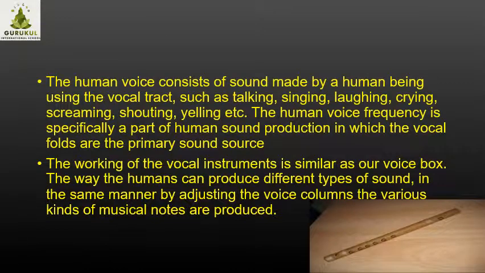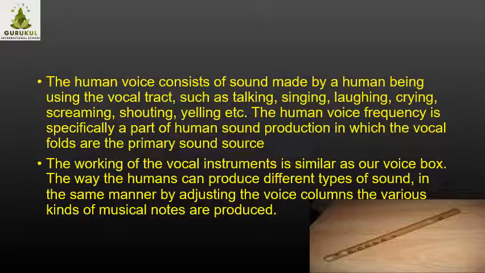See here, in the first paragraph I have given you some information about the voice box of human beings. I'll read out the information. The human voice consists of sound made by a human being using a vocal tract. Vocal tract means vocal cord. There is an air column, such as in talking, singing, laughing, crying, screaming, shouting and yelling, etc. See these examples.